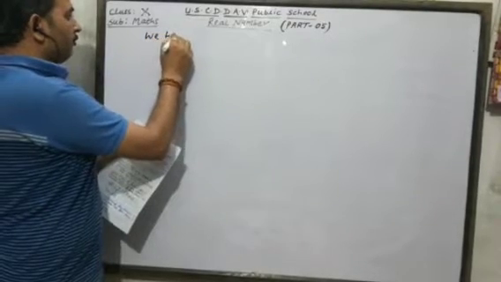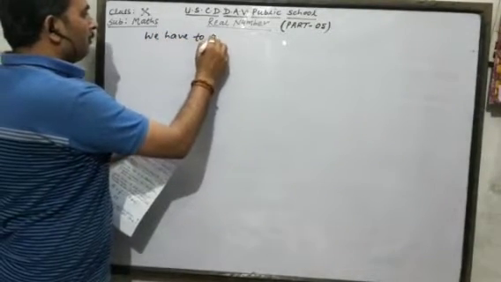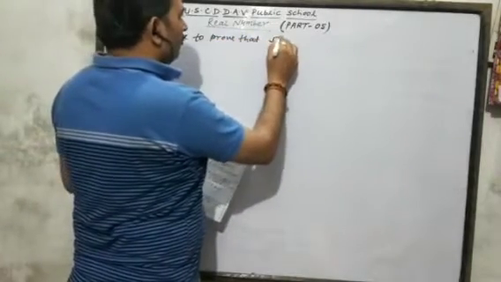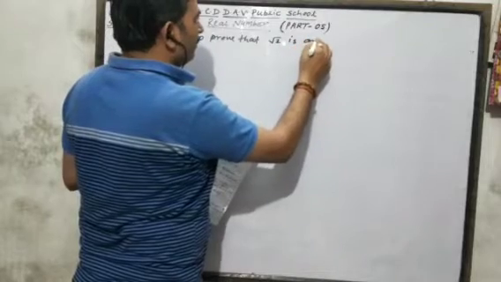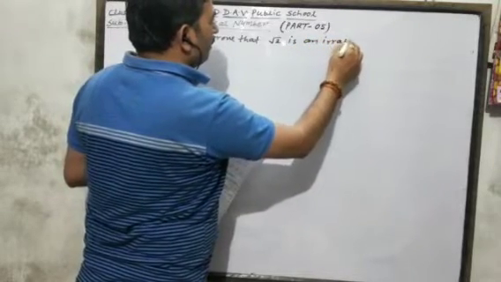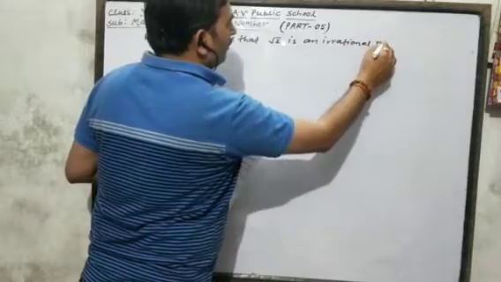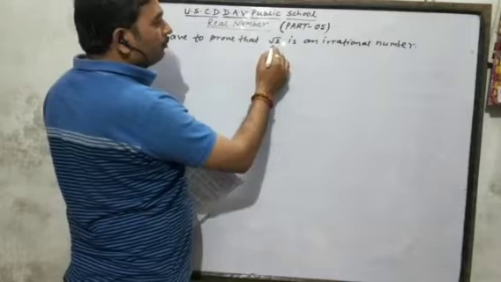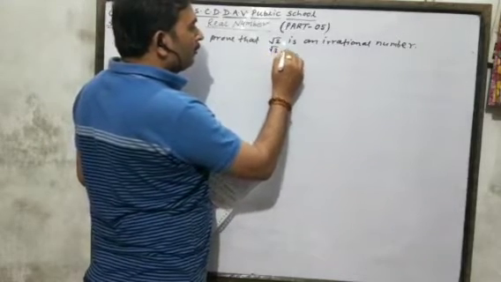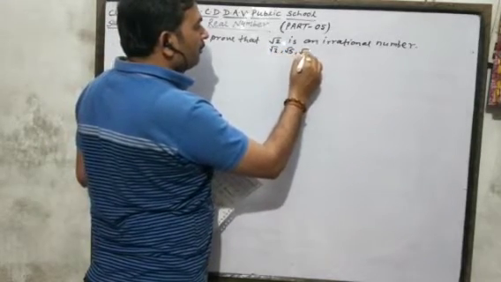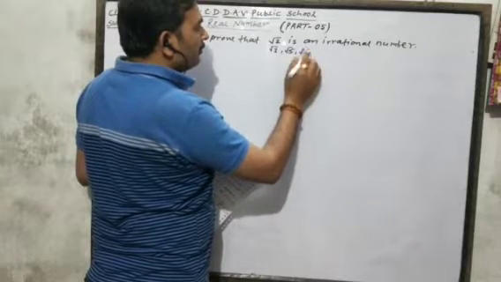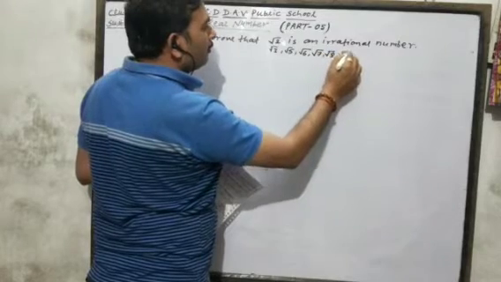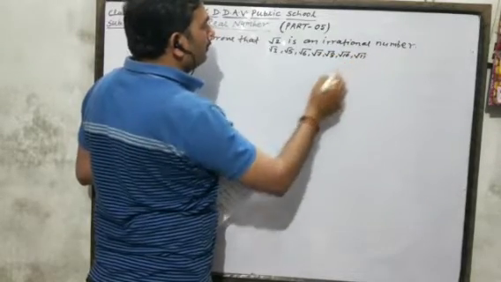We have to prove that... Similarly, you can prove that root 2, root 3, root 5, root 7, root 6, root 7, root 8, root 10, root 11.